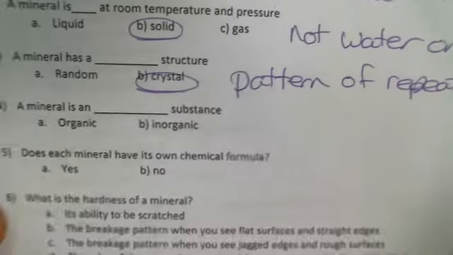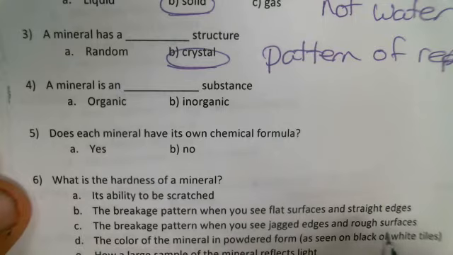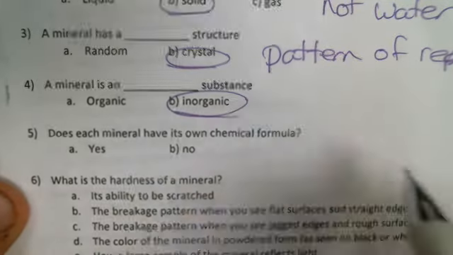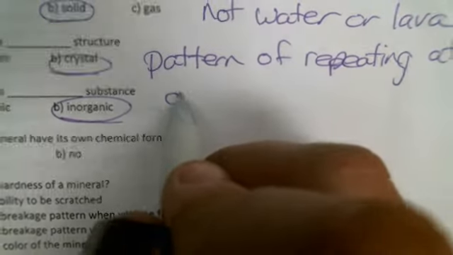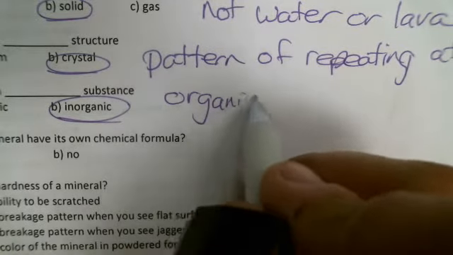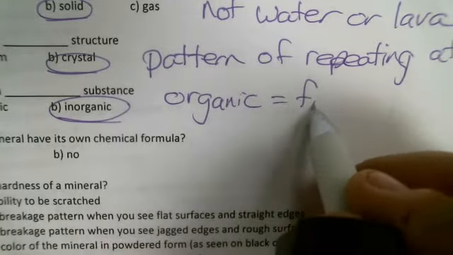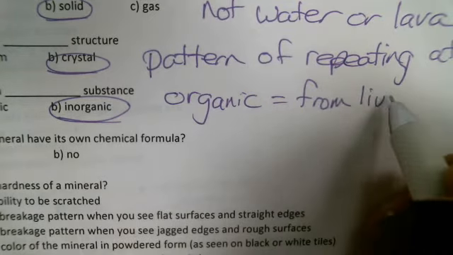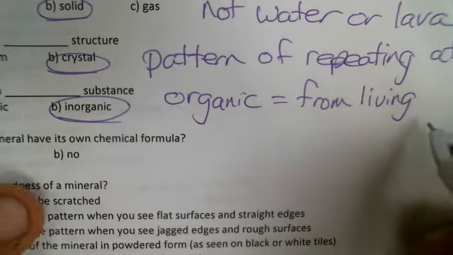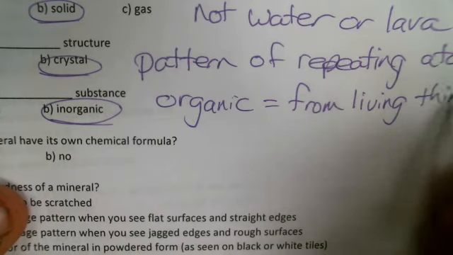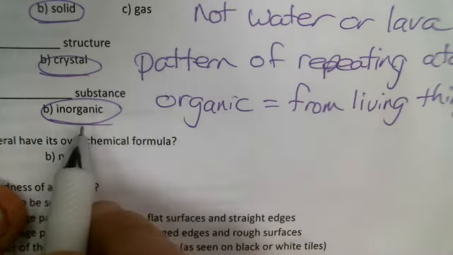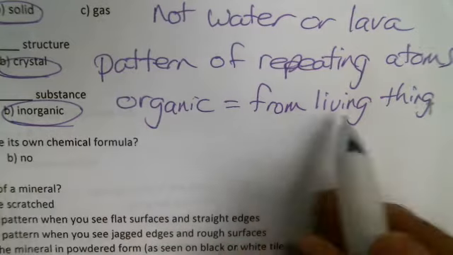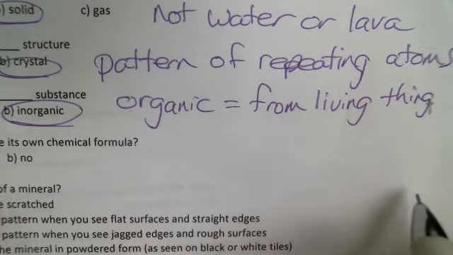Number 4, a mineral is an inorganic substance. Remember that organic means from living things, like a shell or a bone. And minerals are inorganic, so they are not from living things.